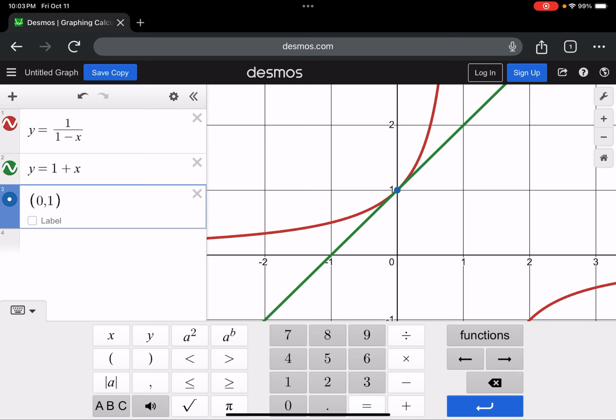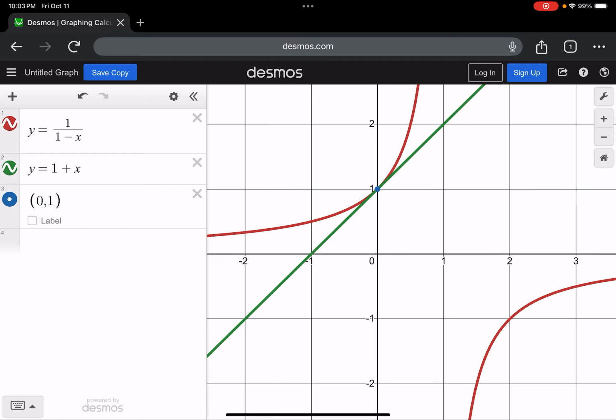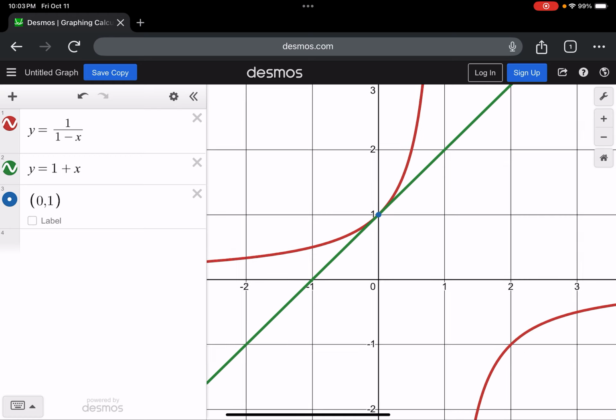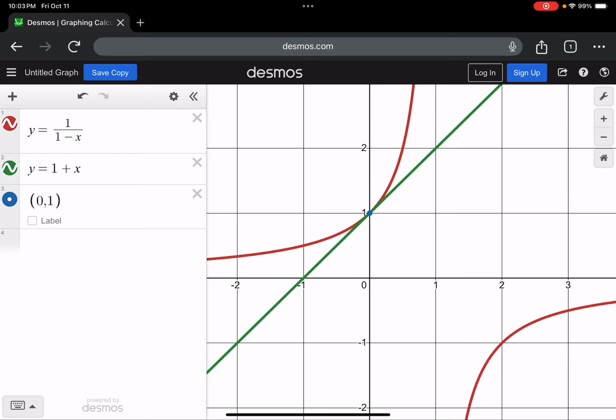And the tangent line is a reasonable approximation of the values of the red function, 1 over 1 minus x. It's a reasonable attempt at approximating those y values as long as we stay, what we call, close to x equals 0.